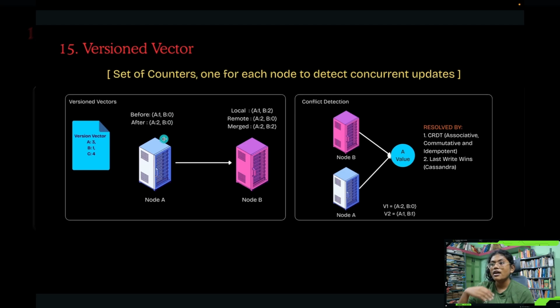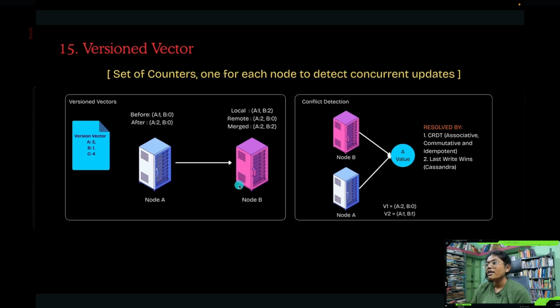After updation, A becomes 2, which means that it gets updated. And if it comes in contact with node B, it can exchange the state information of the version vector. In node B, we are having the local as A1 and B2. On the remote side, we'll be having A2, B0, which is the version vector of A. And then after merging, we will get a series of merged version vectors.